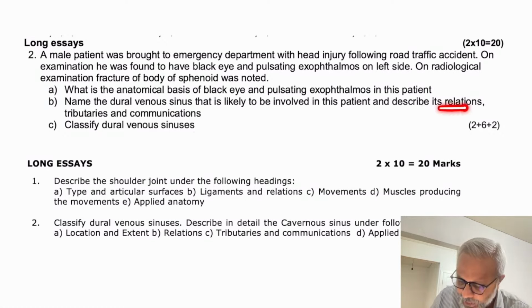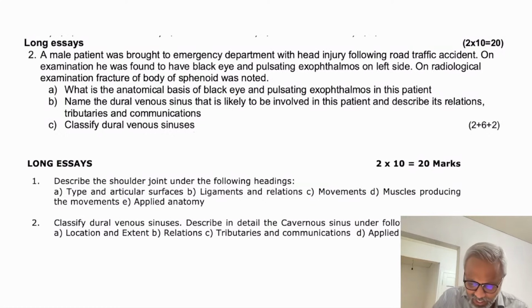You need to describe the relations of the cavernous sinus, and we know whenever we describe the relations of the cavernous sinus, we describe it in terms of external relations and internal relations. In external relations, we write all about the temporal lobe, the pituitary gland, all the structures related to it. In internal relations, we talk about the structures present in the lateral wall and in the center.